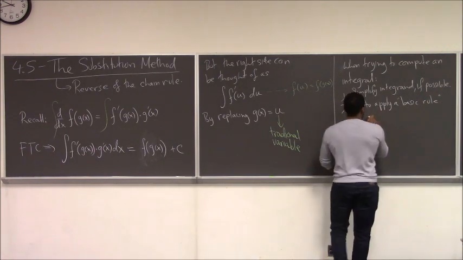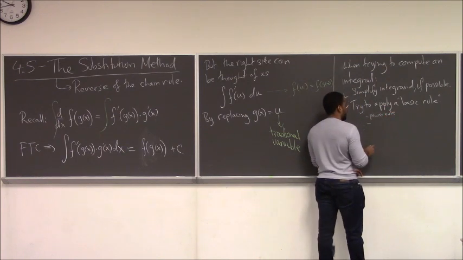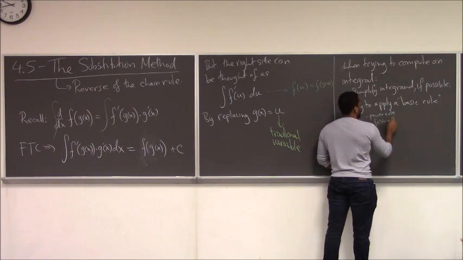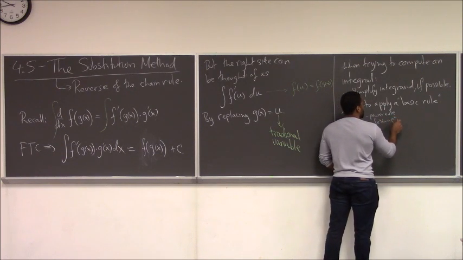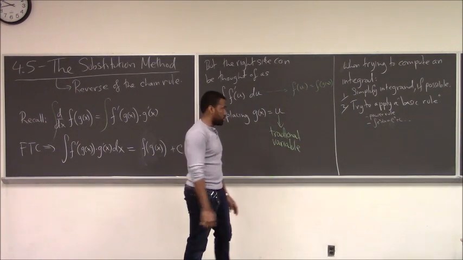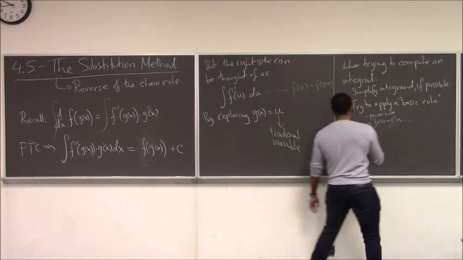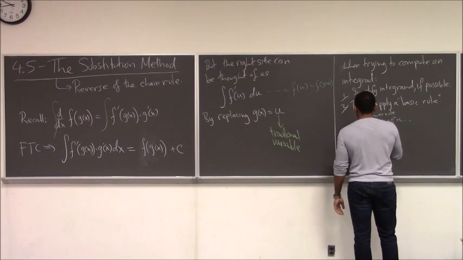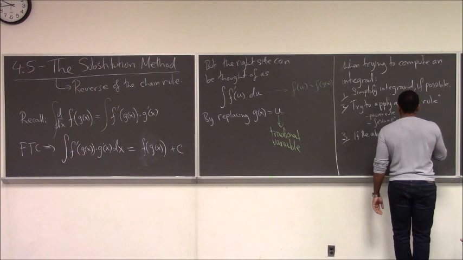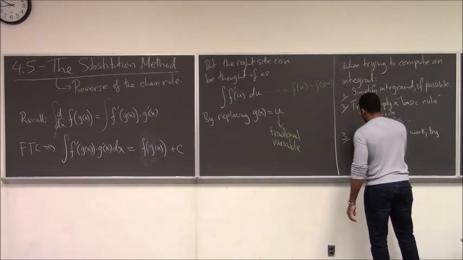So I'm talking about like power rule, or something like knowing that the antiderivative of e to the x dx is e to the x plus c, etc. The basic quintessential rules that tell you how to deal with special functions. And 3, if the above don't work, try substitution.